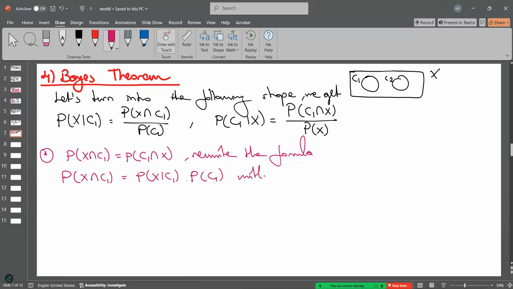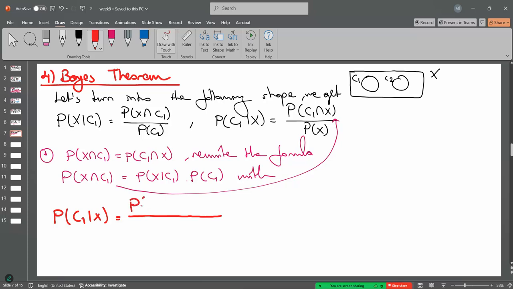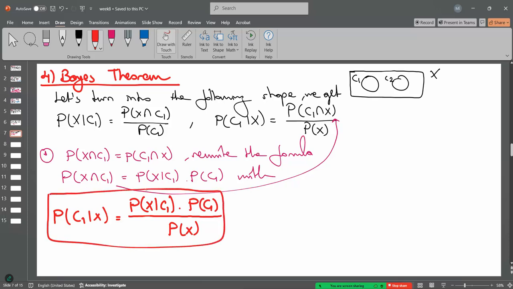And so if this is the case, we can put this term into this one. And so the final formula is P(C1 | x) equals P(x | C1) times P(C1) divided by P(x). This is the likelihood, and this is the prior probability of C1, and this is P(x). And so this is the famous Bayesian theorem.